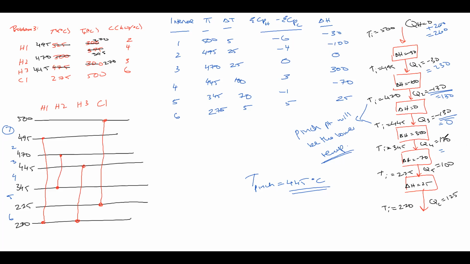This will be now 260 plus 170 is how much? 430. 430, 260 plus 100 is 360, and 260 plus 125 will be 385, okay?